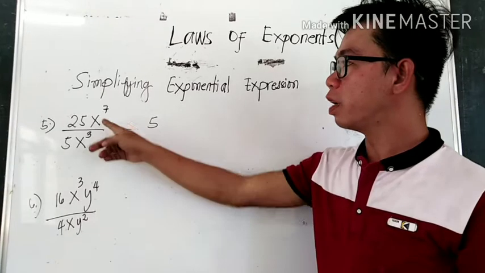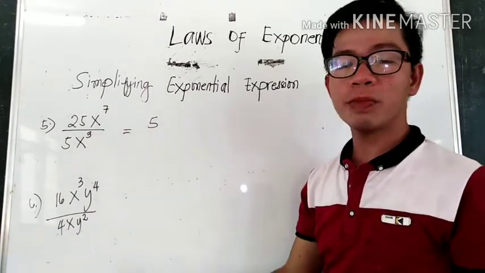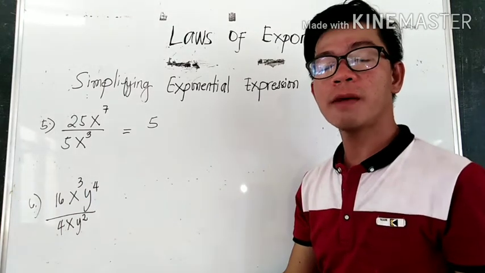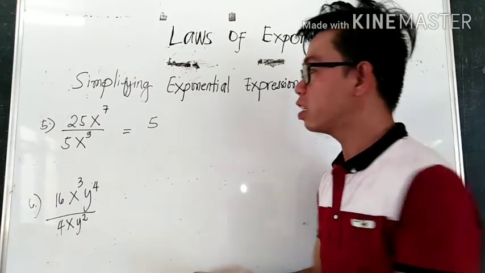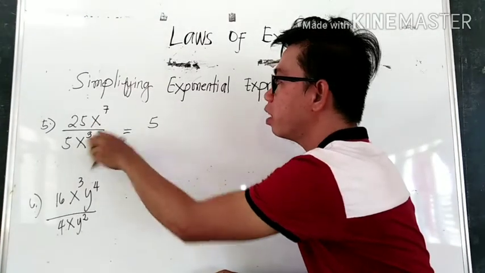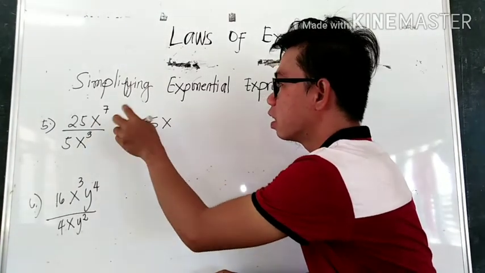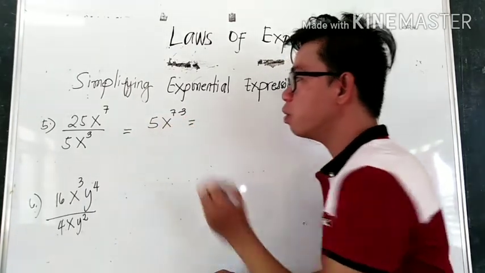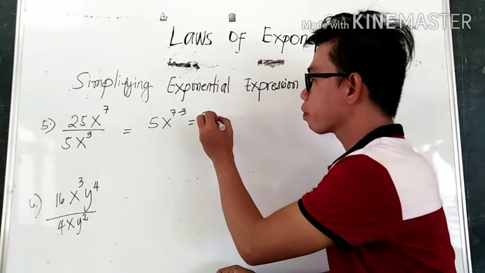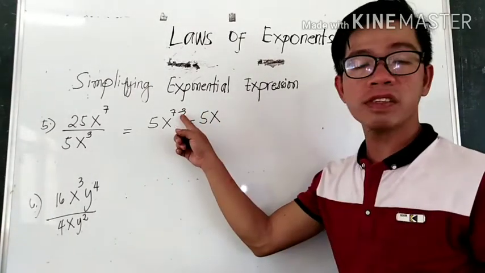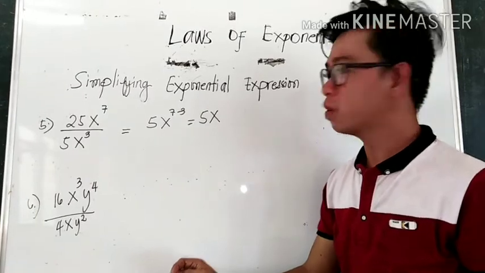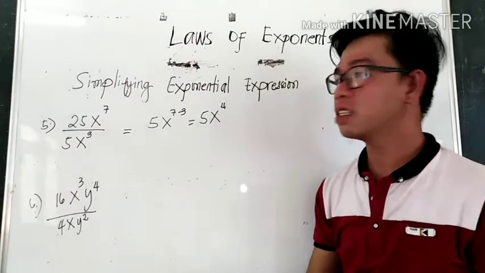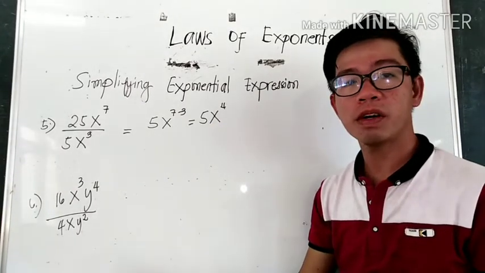In our division rule, we subtract the exponents. We have the same variable, x. 7 minus 3 is equal to 4. So our answer is 5x raised to the power of 4.